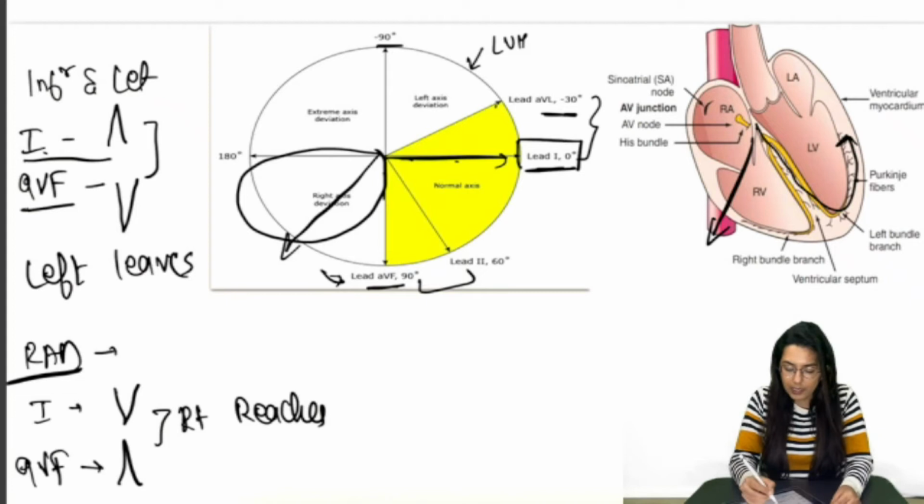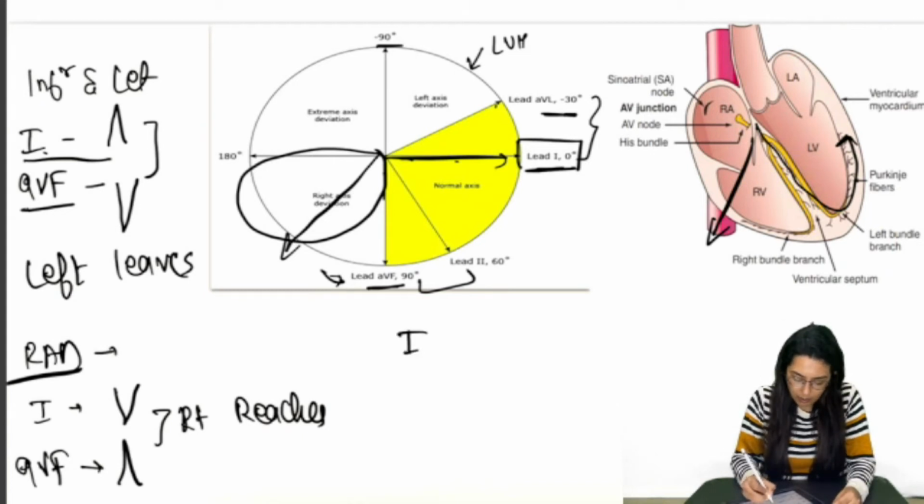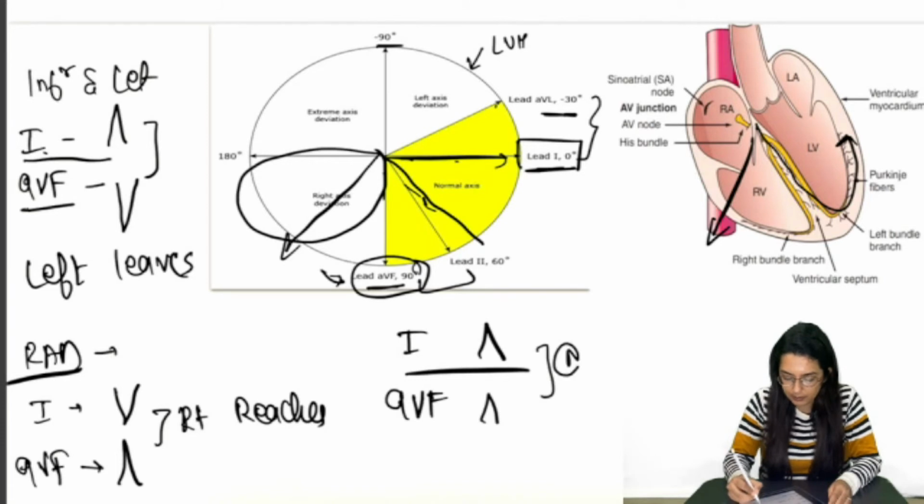Now as I told you, the normal depolarization axis goes down first and then to the left side. So what happens for the normal axis? Both will be positive, because it is going down, so AVF is near it, and as it is going towards the left, lead 1 also will be positive. So both have to be positive. This is the normal axis.